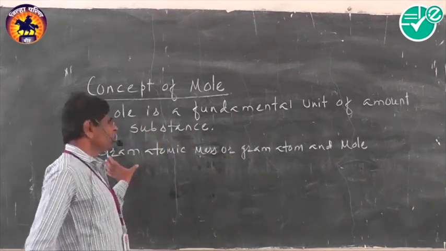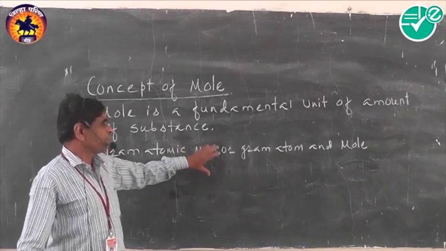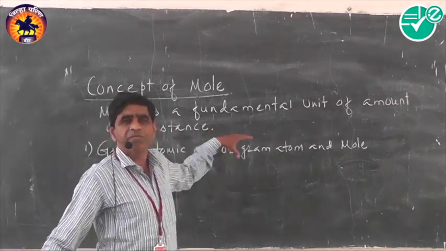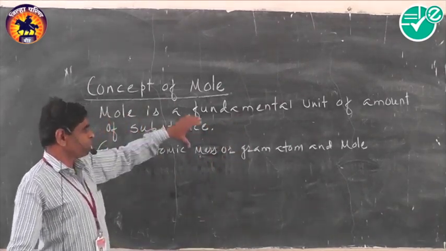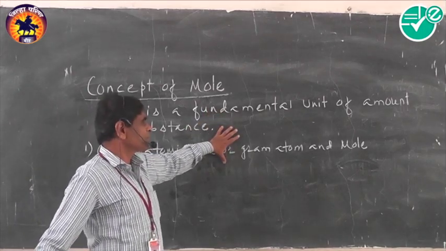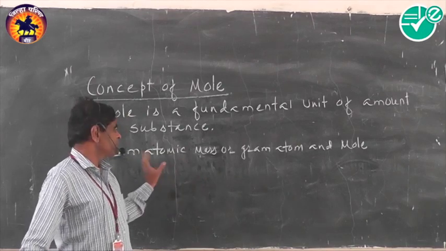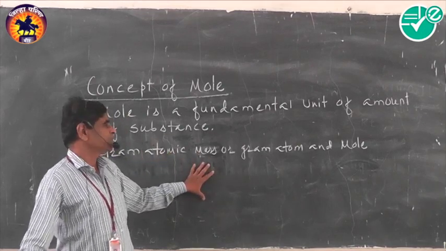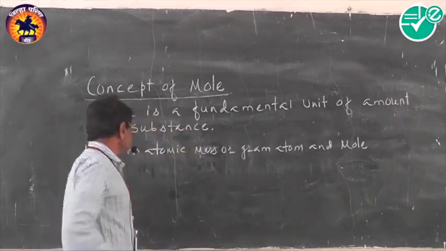Now you know what is actually the concept of gram atomic mass or gram atom? When atomic mass of an element is expressed in gram, that is gram atomic mass. And thus remember, for any element, the amount of element equal to gram atomic mass is considered as 1 mole.